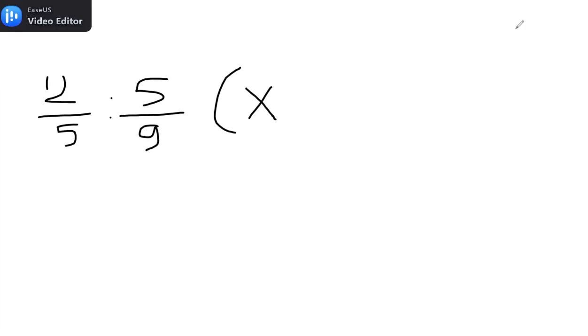And it's easy to find it, because 5 times 9 will be 45, and this is the smallest number I can find in the times table of 5 and 9. So I will multiply these two fractions by 45.